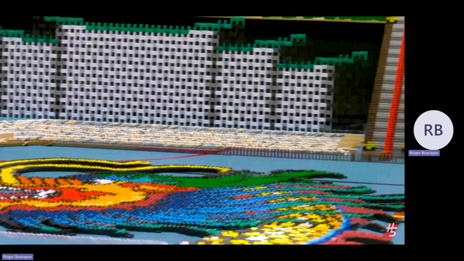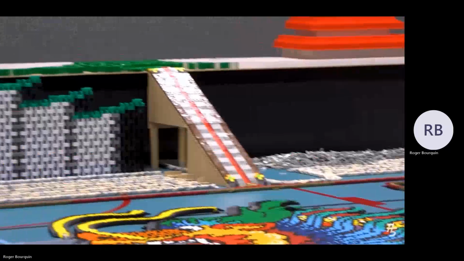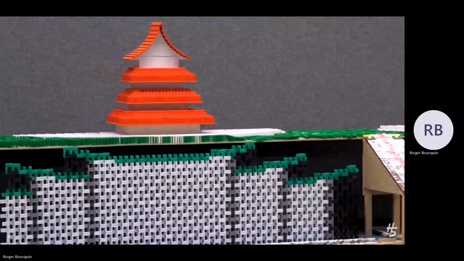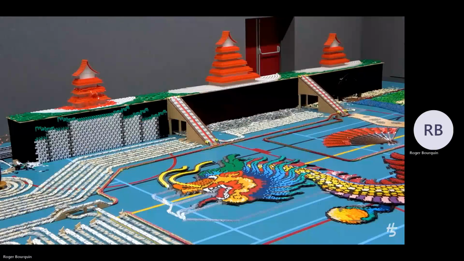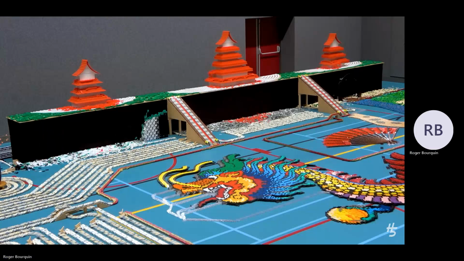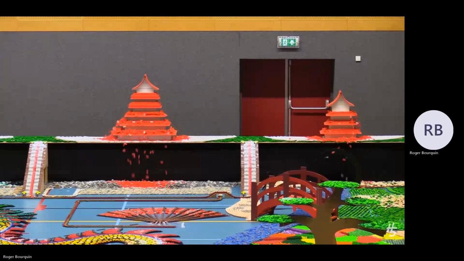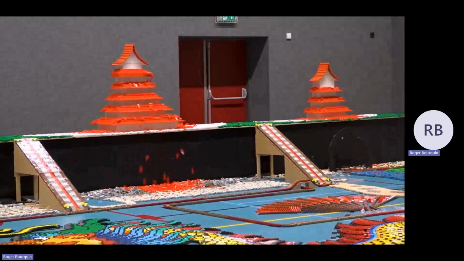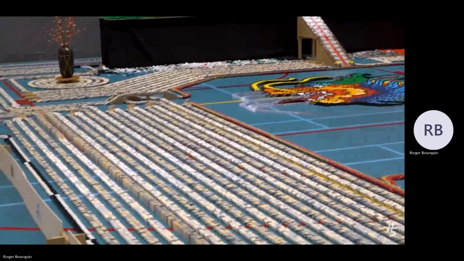No, maybe it's going back there. Didn't fail. I think it failed and fixed stuff. Oh my God.